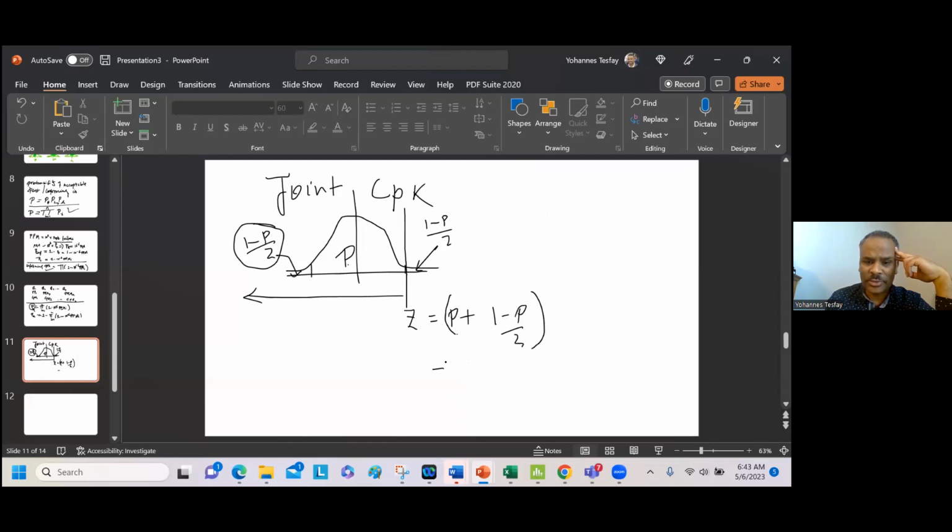Inverse of normal distribution, then put this probability, inv of normal, then this quantity P plus 1 over 2, just like that.